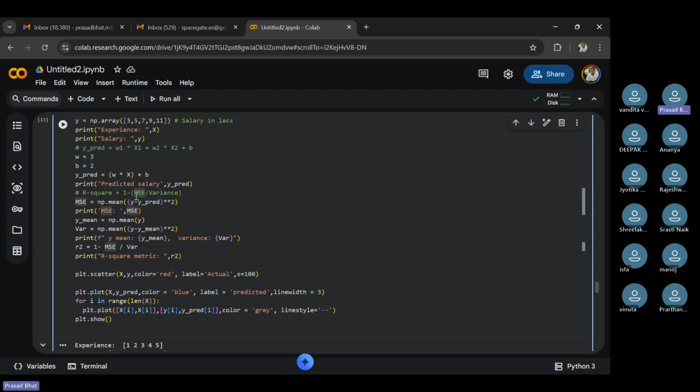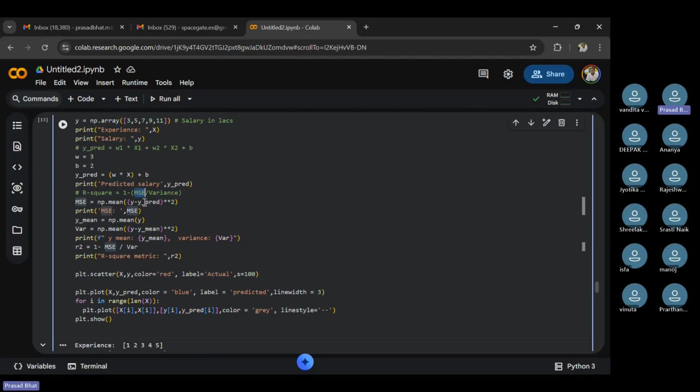It is 1 divided by n, summation of yi minus y mean, squared, correct? So instead of the predicted value, in the place of y predicted, I am putting in y mean.